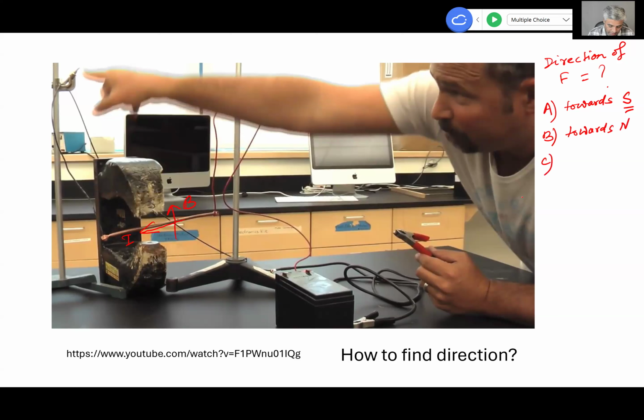And C, towards the magnet, which means this way, folks. See here, this magnet. So this way, I'm saying towards the magnet. And D is away from the magnet.